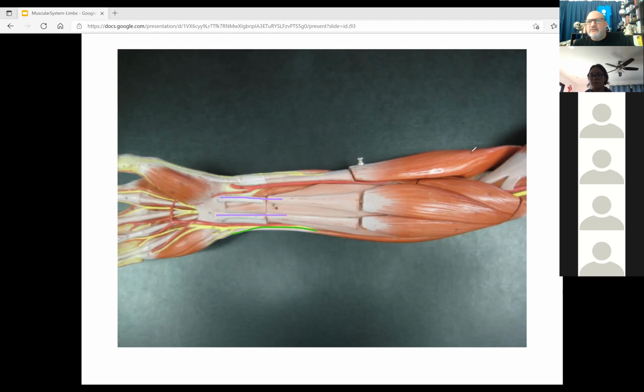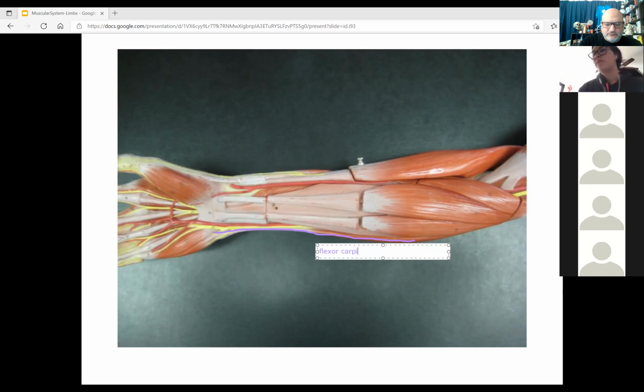Here. So as we mentioned, we see a little bit of the belly here, but its tendon comes to the front side of the pinky. So how did we identify this muscle again? The flexor carpi ulnaris. Excellent.